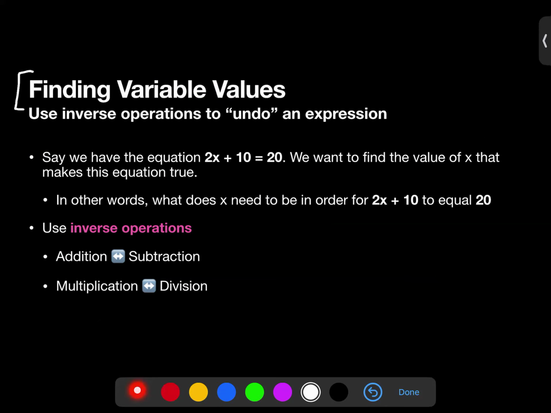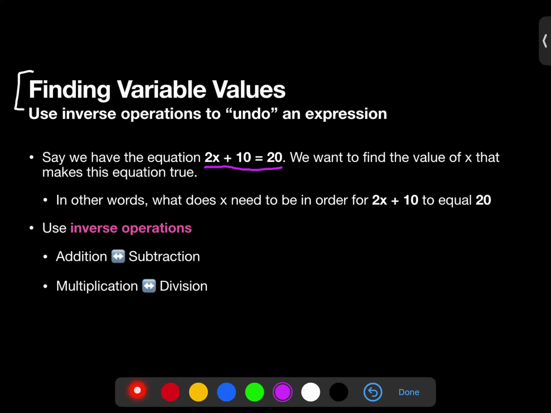So sometimes you'll be given a value for x, or for any variable. So you might be given x equals 5, y equals 10, z equals 8, for example. But sometimes you will be asked to find it yourself. So for example, let's say we have the equation 2x plus 10 equals 20.